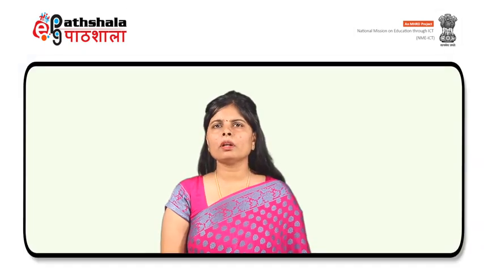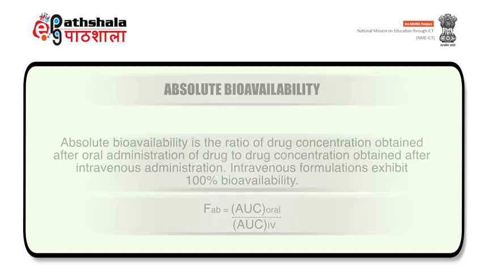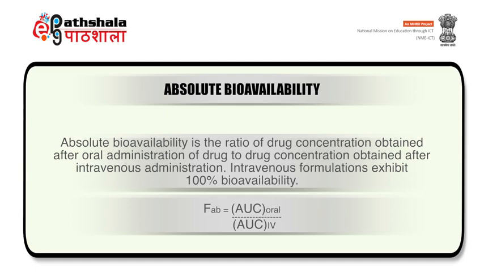It is the measurement of the relative amount and rate at which the drug from the administered dosage form reaches the systemic circulation and becomes available at the site of action. Now let us understand absolute bioavailability and relative bioavailability. Absolute bioavailability is the ratio of the drug concentration obtained after oral administration of the drug to the drug concentration obtained after intravenous administration.